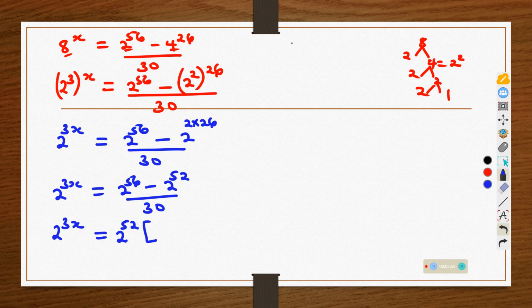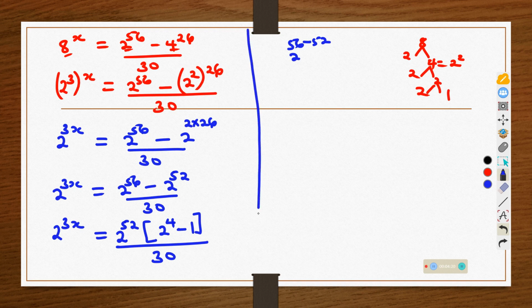This is 2 to the power 56, so within 56 we are subtracting the 52 that we have put outside. So this will remain as 2 to the power of 4, which is 56 minus 52. Then minus here remains 1 when this one is out. So we shall divide this by 30. That is basically what we are having.